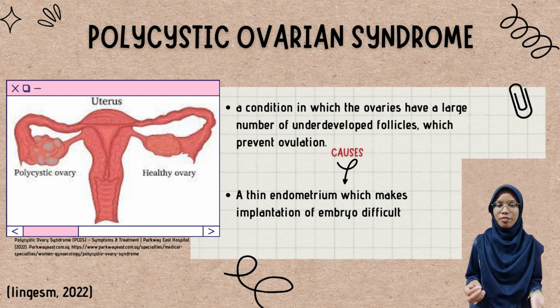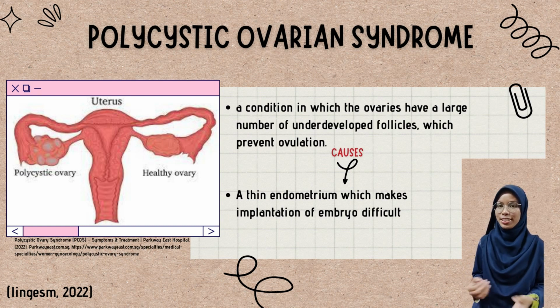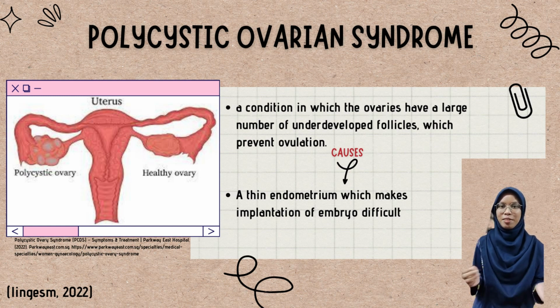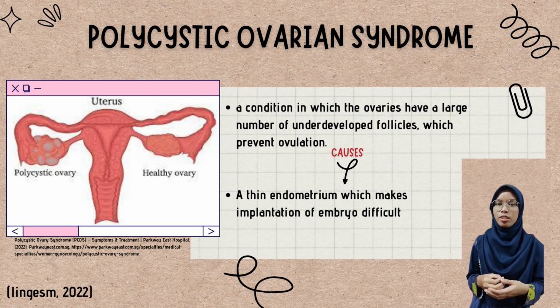Another cause for luteal phase defect is polycystic ovarian syndrome or PCOS. PCOS may affect the production of hormones in the ovaries and the maturation of the follicles. So this ovarian disorder can lead to luteal phase defect by two factors.